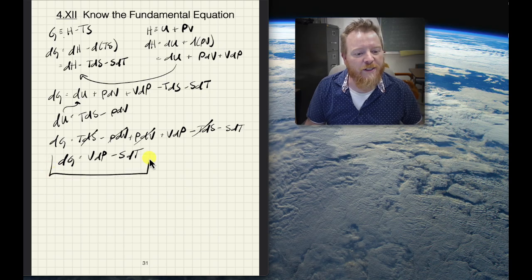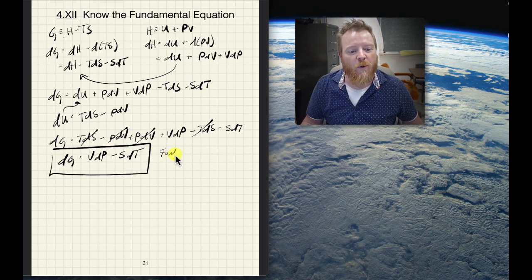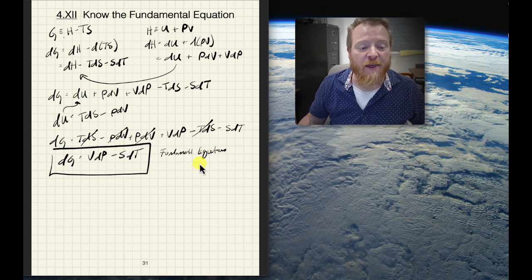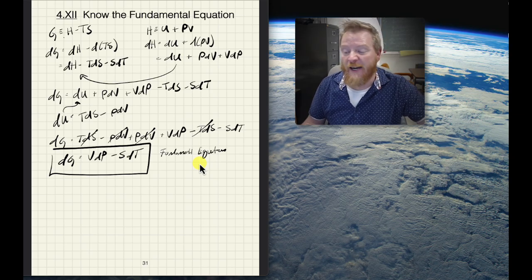And lo and behold, here is another version of our fundamental equation. So we can have the fundamental equation with respect to all of our thermodynamic potentials, provided that we've applied the first law and second law of thermodynamics.